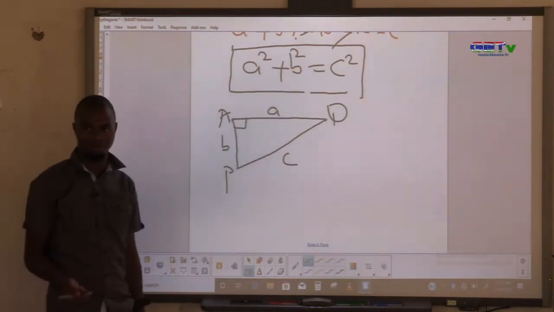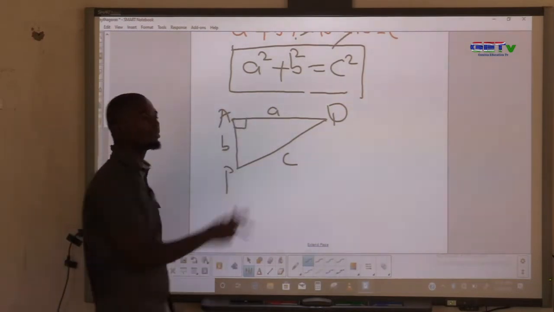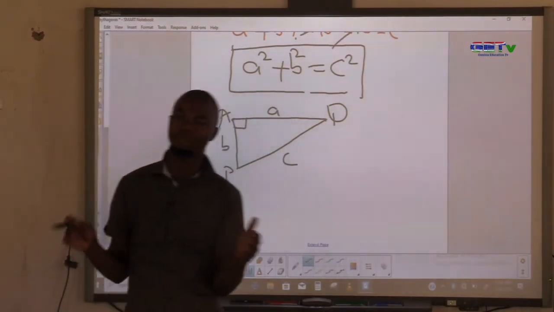So this is what we will use if we have a problem involving a right angle triangle.